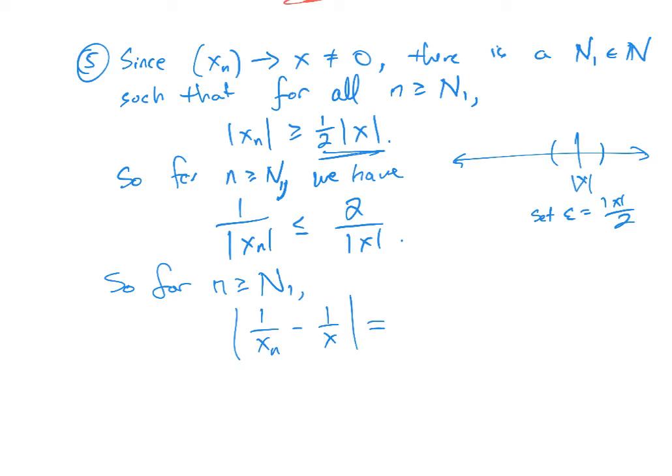Okay, well, we want to combine fractions. We cross multiply. We get x minus xn over their common denominator, x times xn.